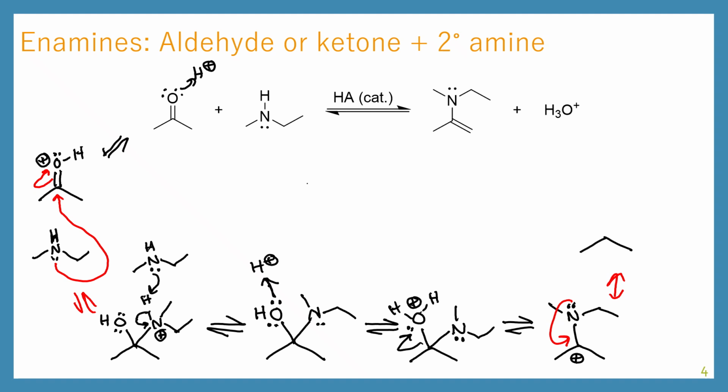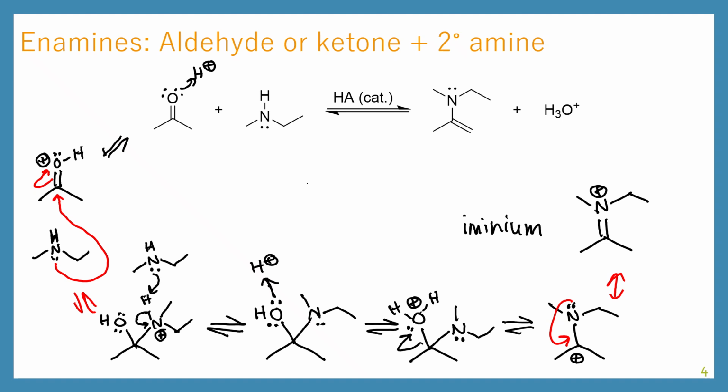This time what we're going to find is that our nitrogen is again positively charged, but not because it has an extra proton. It's because it has an extra bond. And we're not able to deprotonate this nitrogen to make it happy, but we also don't want to get stuck here. This is called an iminium.